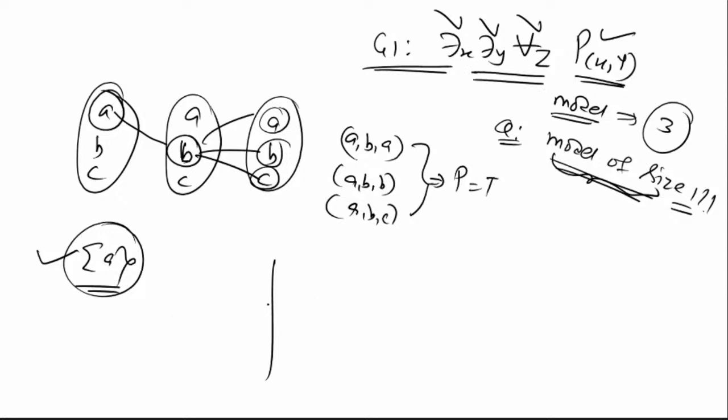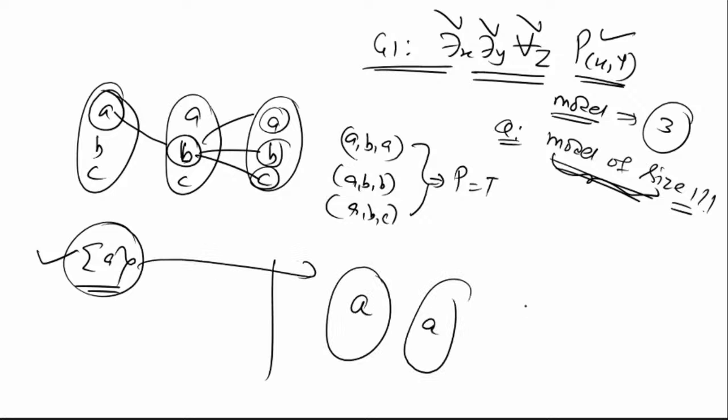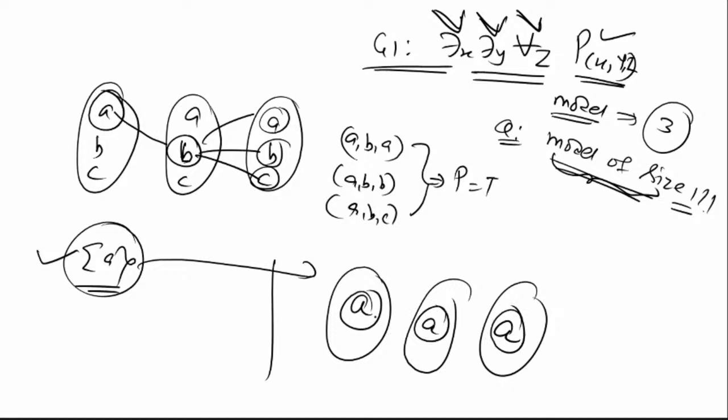Because we have only a single element, can you guarantee that there exists x, there exists y, for all z, pxyz becomes true? Because there is only one element here, we have to take it. So finally we have PAAA. Now can we guarantee that this is true?